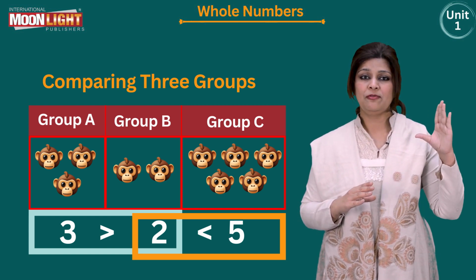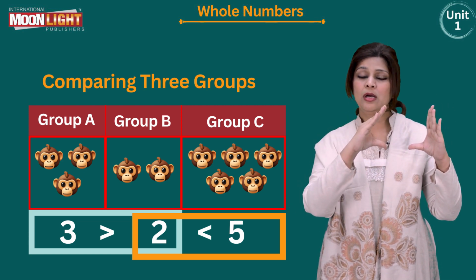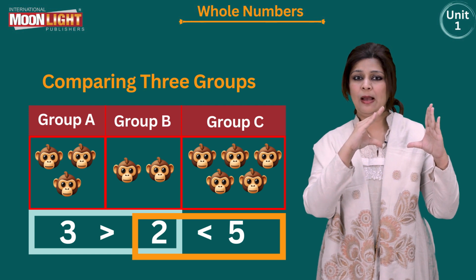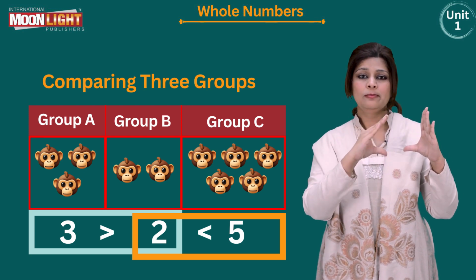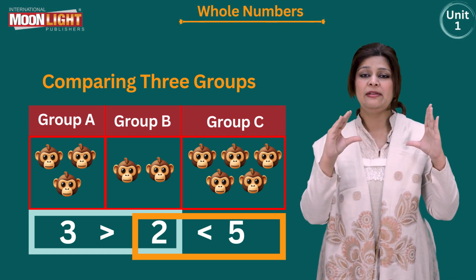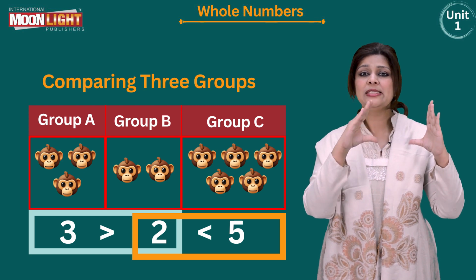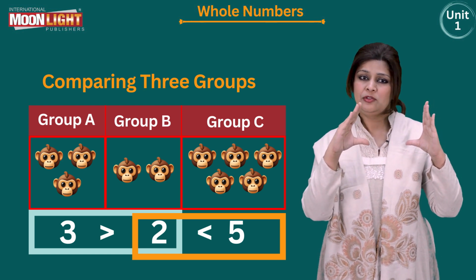Because in group A, we have number 3, which is greater than the number 2. So this symbol will come over here. Okay, so remember this symbol, that in between 3 and 2 we are going to write this symbol.